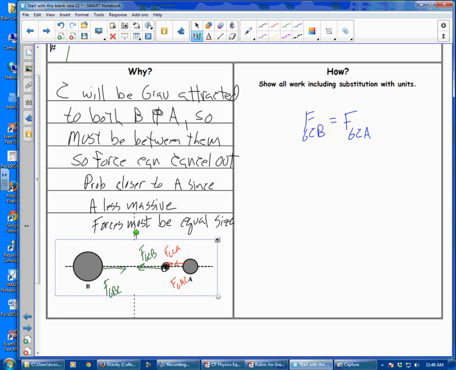And then let's substitute in. So we got big G, mass of C, mass of B, over the distance from B to C squared, equals big G, mass of C, mass of A, over the radius from A to C squared. And can we cancel anything out?